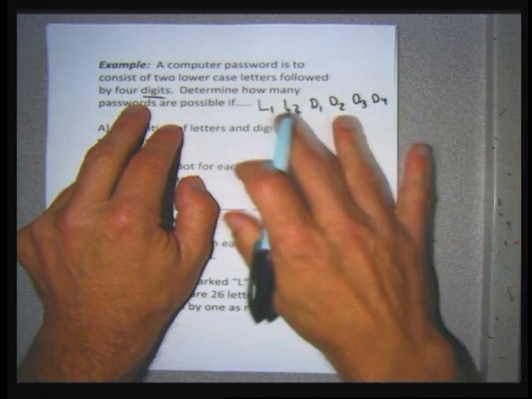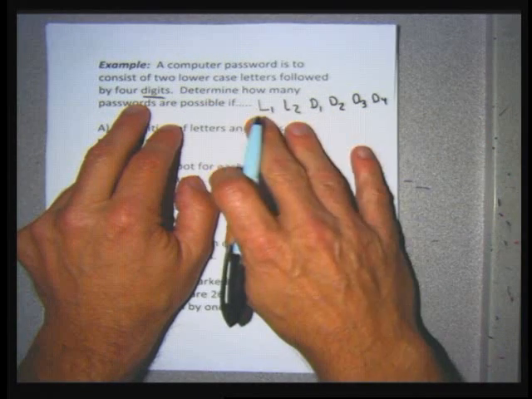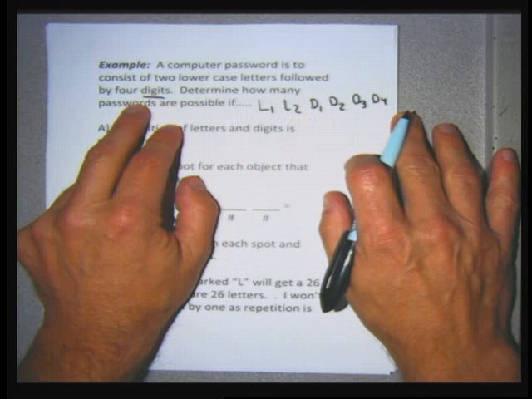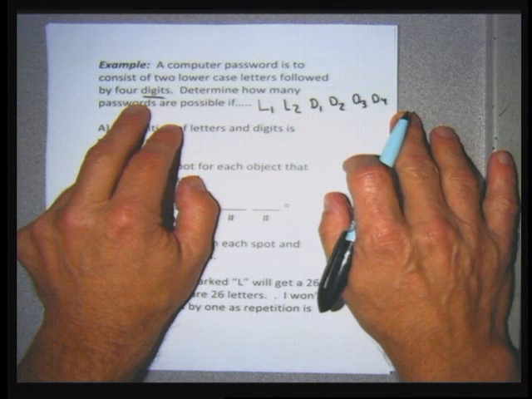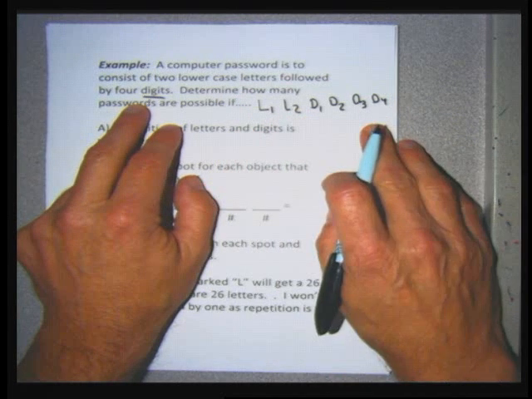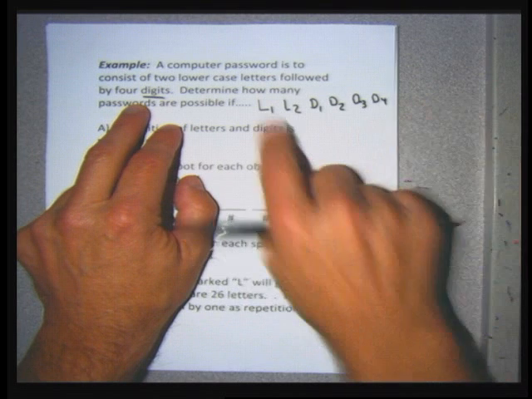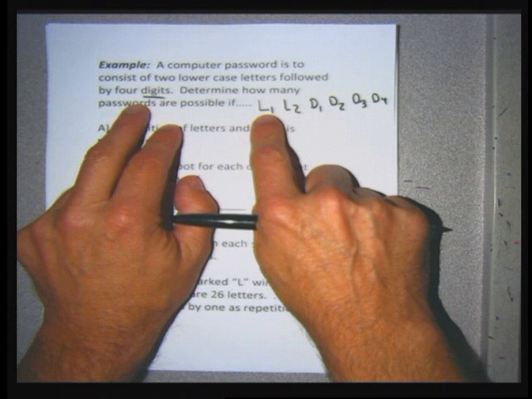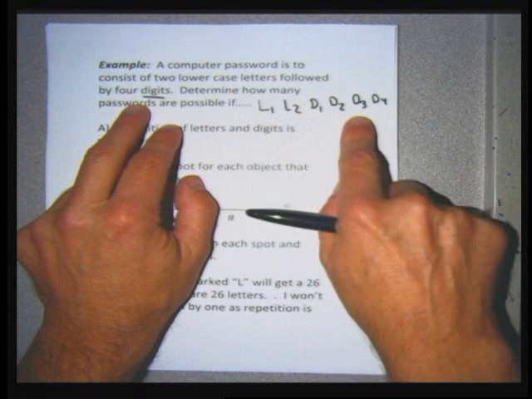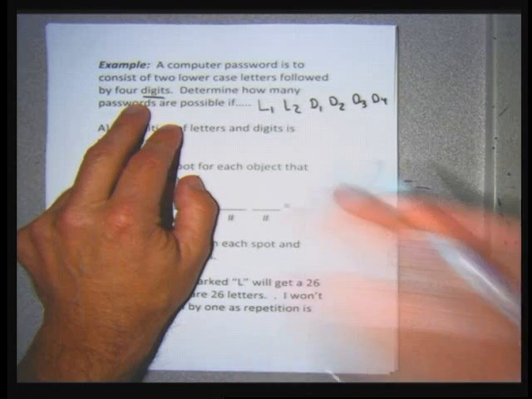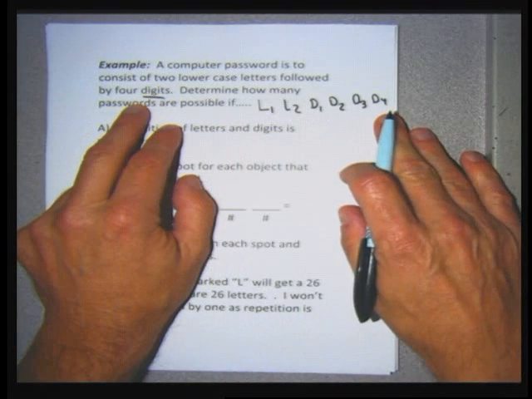So these are my 6 experiments: picking letter 1, letter 2, followed by the 4 digits. Because this is doing 6 consecutive experiments, the counting principle says if I take the number of ways each experiment can be performed separately and multiply all those numbers together, I'll get the total number of ways this task can be completed.